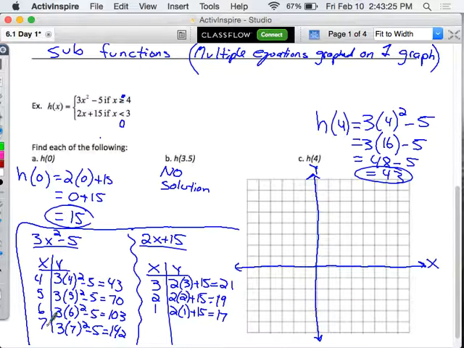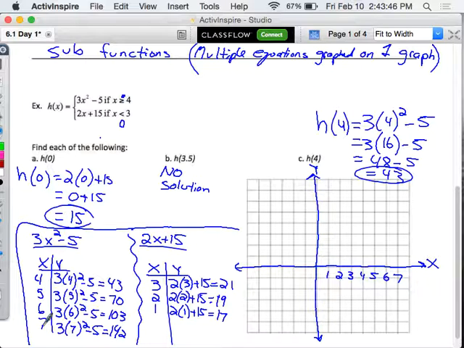So I can count by ones. 1, 2, 3, 4, 5, 6, 7. Yeah, I can count by ones down here. And I just looked at my x values. I saw the lowest one was a 1, and the largest one was a 7. So I went from 1 to 7.